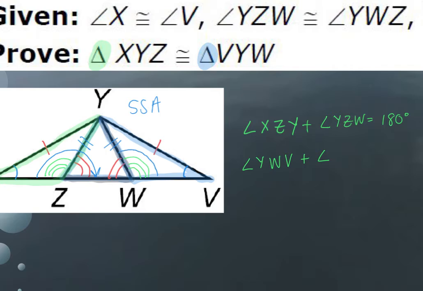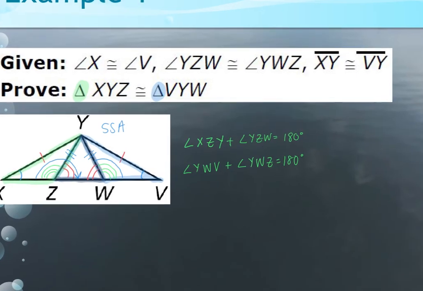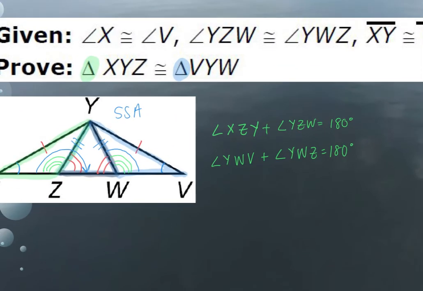Which angle will form the linear pair? YWZ. Good, YWZ. Excellent. Do we know anything about YZW and YWZ? Look at what's given.